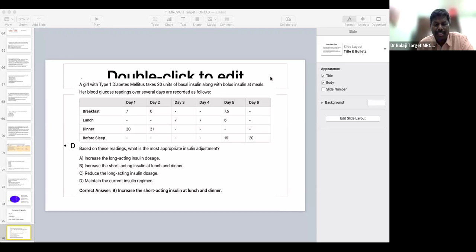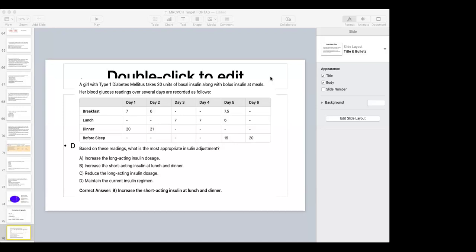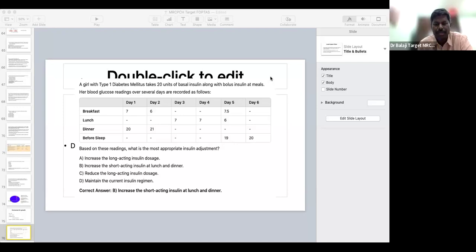Yeah. So there is a small trick in that. You have to understand the Somogyi phenomenon. You are aware, I think, no? The Somogyi phenomenon. Suppose the insulin is already high. What will it cause in the night? It will cause hypoglycemia. Then you will have a rebound hyperglycemia.